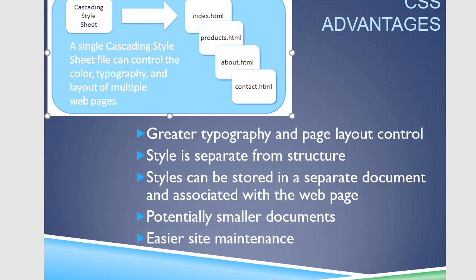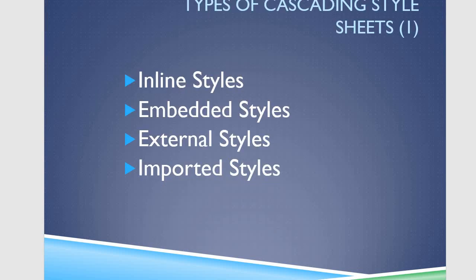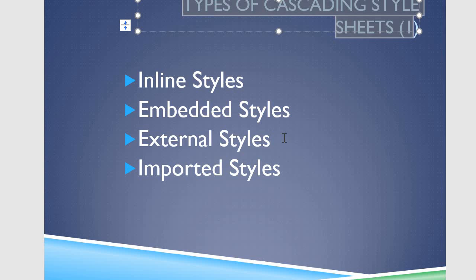Then coming to the different types of cascading style sheet, this you have to study: inline, embedded, external. You can see inline, embedded, external, and imported. That is what is written.